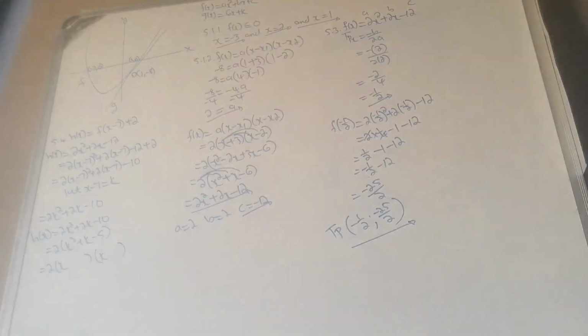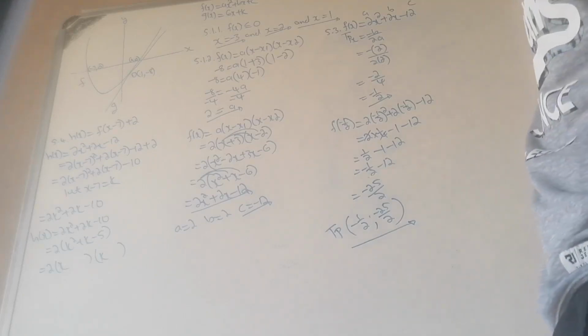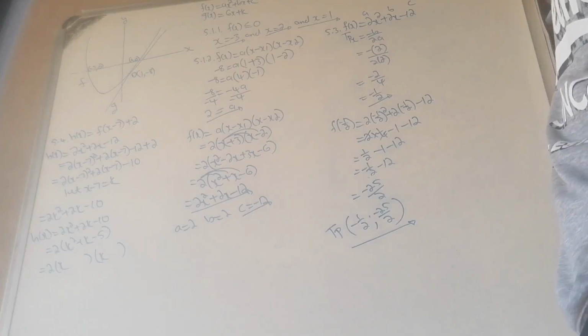Write down the equation of axis of symmetry of h if h at x equals f at x minus 7 plus 2.